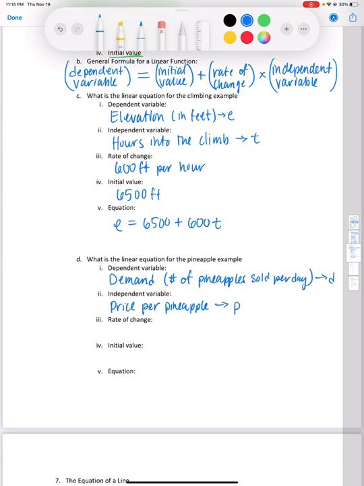And we're going to use the little p for that. The rate of change is minus 10 pineapples sold per dollar increase. The initial value, how many they start out with. So if their price was 0, they expect to give away or sell, quote unquote, 100 pineapples.